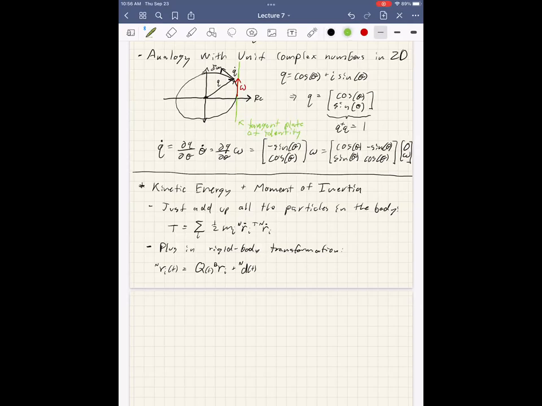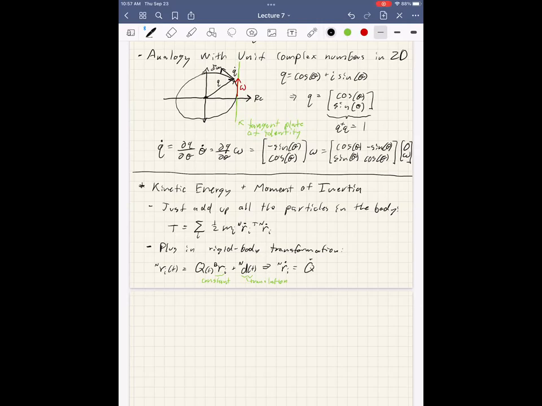And so let's make some notes. This is constant, right? In the body frame, because the distances between these guys are constant, these r_i's in the body frame have to be constant. And this is a translation. Okay, so if I just do the chain rule on this guy now, I'm just going to take the derivative. So I get r_i dot, and I'm going to leave off some of the decorations now.